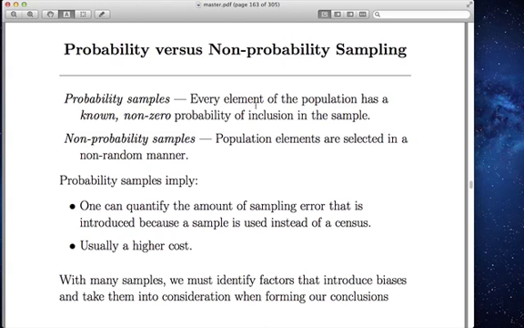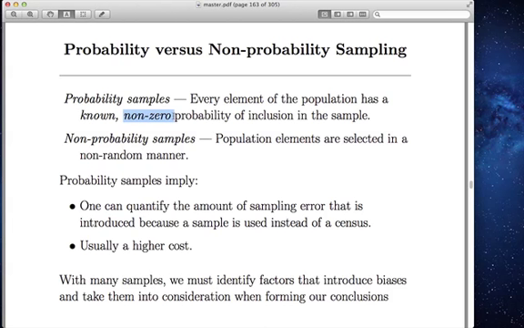In a probability sample, every unit in the population has a known non-zero probability of being included in the sample. Up until now, we've talked only about simple random samples. And with a simple random sample, every unit has an equal probability of being included in the sample.